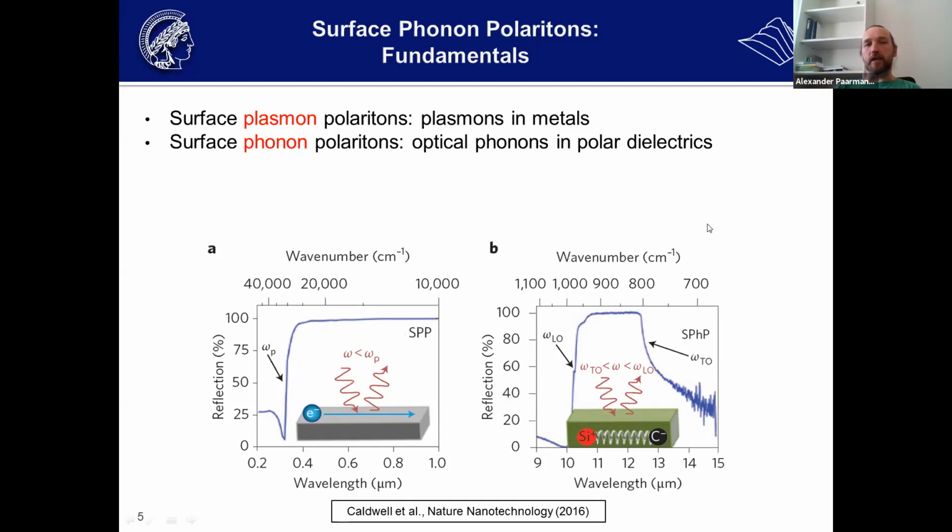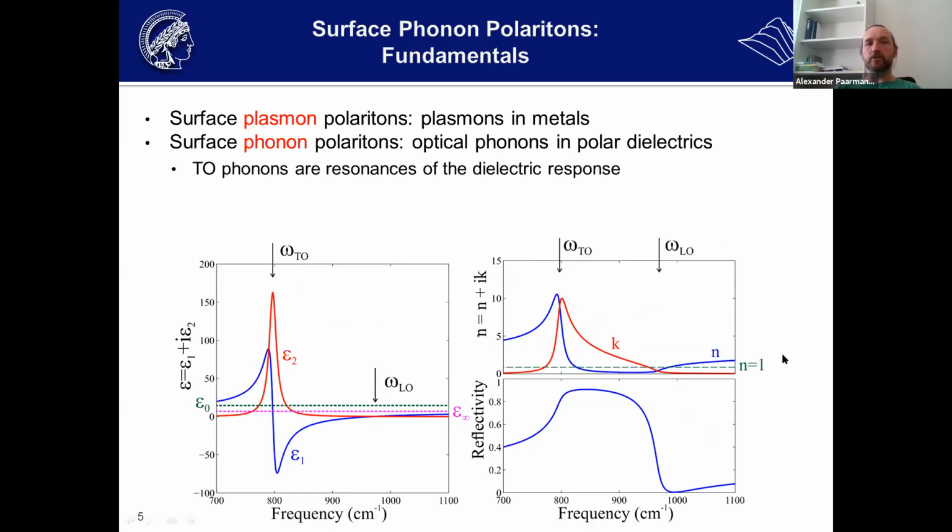And to understand this, you basically just have to look at what you get in these polar crystals. There you typically have several branches of optical phonons, specifically the transverse optical phonons. Because of the transverse character of these optical phonons, they are often IR active. And if they are IR active, that means that they are resonances of the dielectric response.